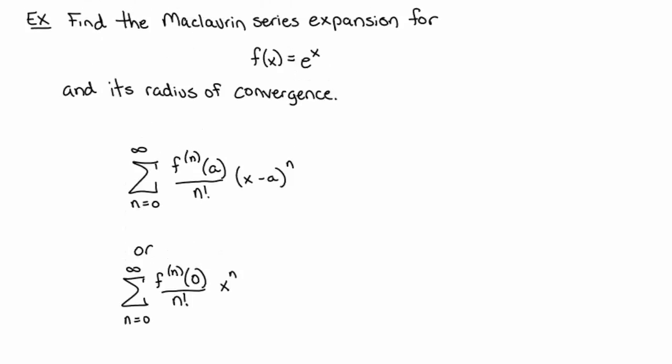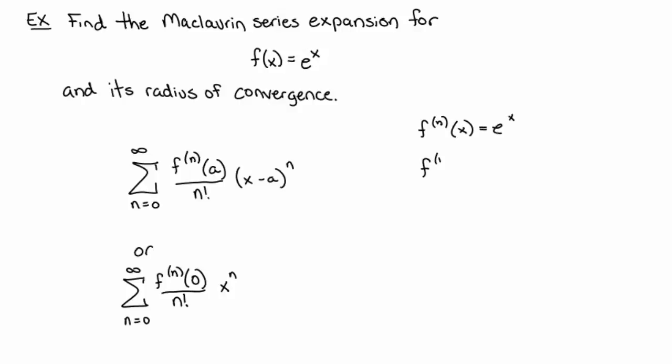The reason why this is such an easy, fun example to use for a calc class is that all the derivatives of this function are all e to the x. So, little note, the nth derivative of that function at x is e to the x, and therefore, the nth derivative of that function at 0 is 1, e to the 0th, right?